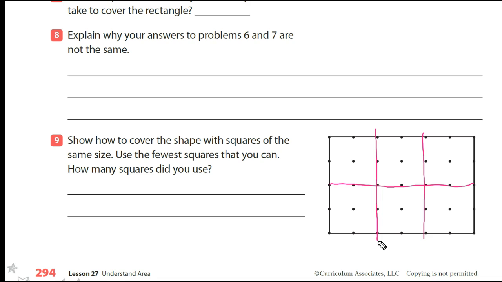Yes, I can, because there's a square here, and all the other ones are the same size. So how many fewer squares can I make out of this? Yes, I can make 6.